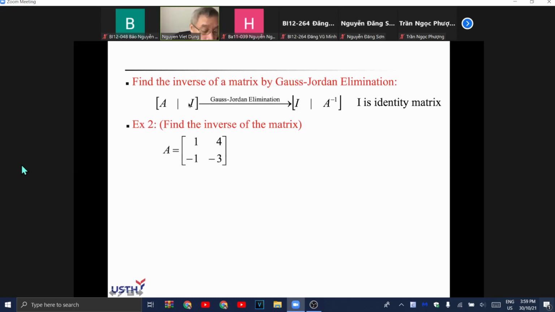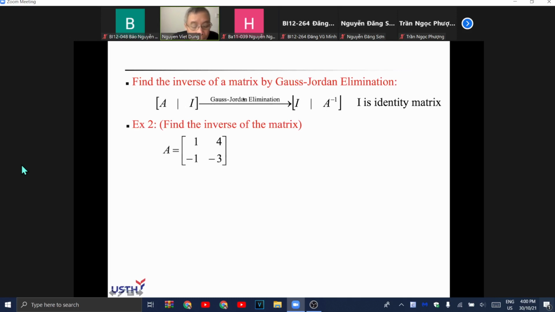If we need to find the inverse of a square matrix A, we do as follows. On the right-hand side of A, we write the identity matrix of the same size. That means if A is a square matrix of order n, then together we get a matrix of size n by 2n. Now we apply Gauss-Jordan elimination to transform that part into the identity.